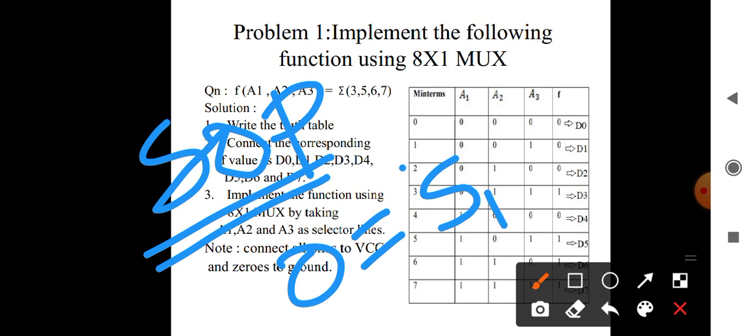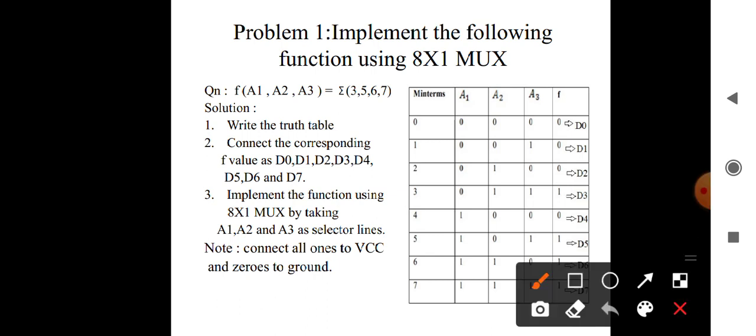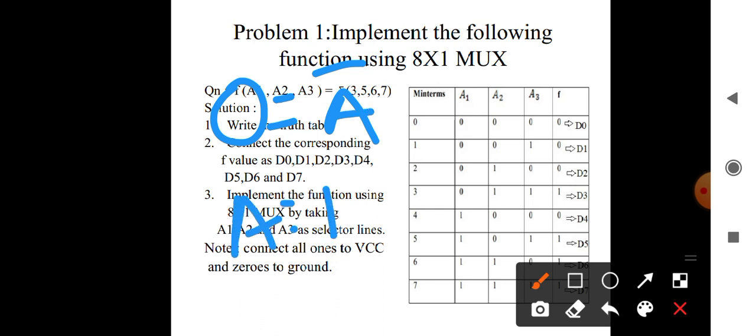If you have S1, it will be S1 complement when S1 is 0, and when the value is 1, S1 is written non-complemented. For A, when A is 1 we write A, and when 0 we write A complement.